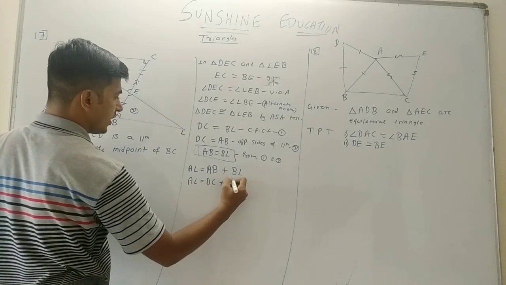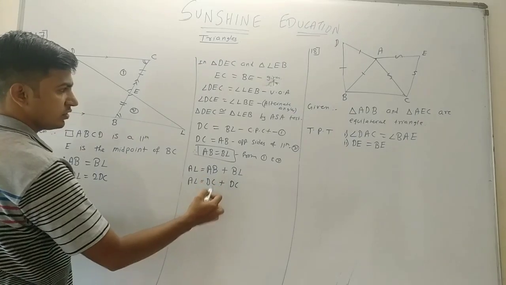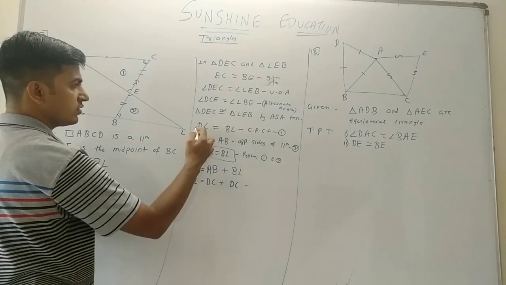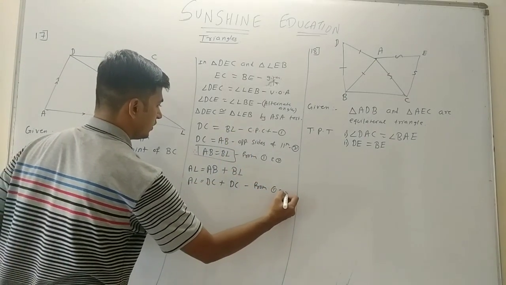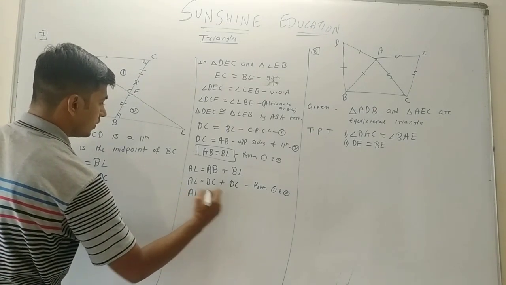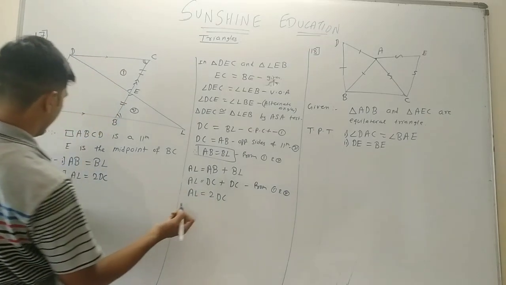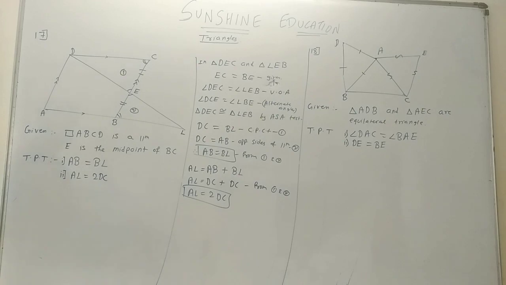See, in place of AB, I wrote DC from 2. And in place of BL, I wrote DC from 1. So from 1 and 2, AL is equal to DC plus DC, which is equal to 2DC. Okay, so this was the 17th one.